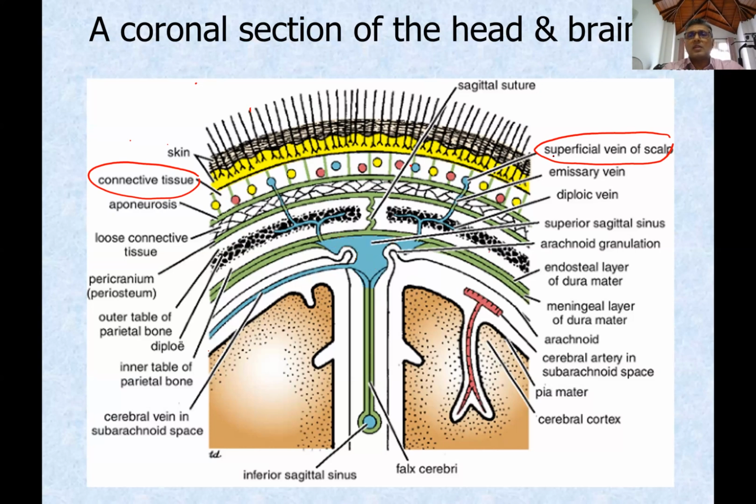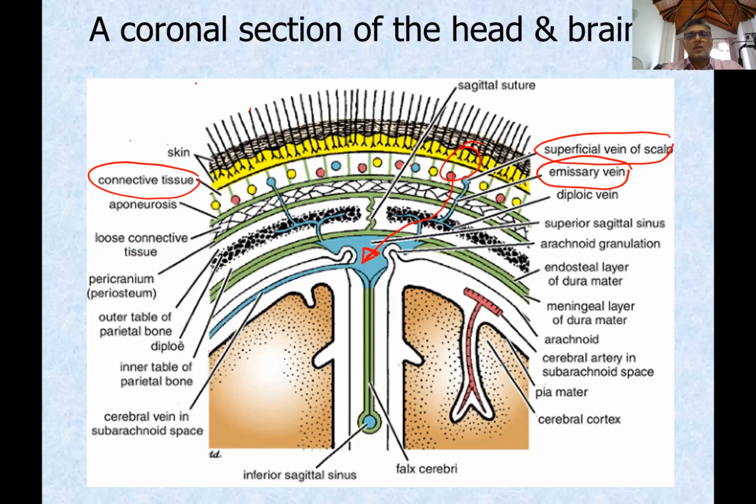You can see the superficial vein in the scalp is connected up with the venous sinus, in this case the sagittal sinus, with the vein passing through the skull bone, and such veins are called emissary veins. These veins can be a source of spread of infection from the scalp into the cranial cavity.